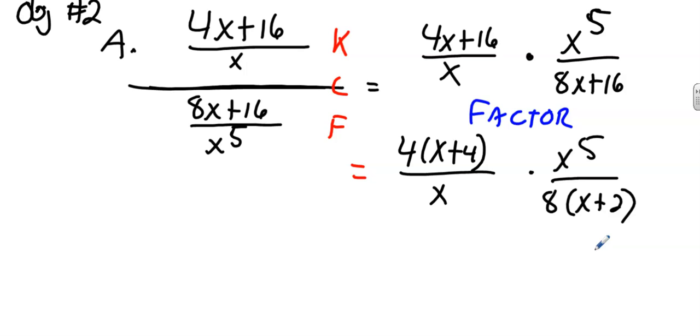Okay, really close on that one, but that's x plus 4, x plus 2. So there's nothing parentheses-wise that you can do. But you can factor the 4 and the 8. You can divide both of those by 4, make that a 1 and a 2. And with the x and x to the 5th, again, that is x to the 1st and x to the 5th. So you can cancel out one of these and one of these to make that x to the 4th.